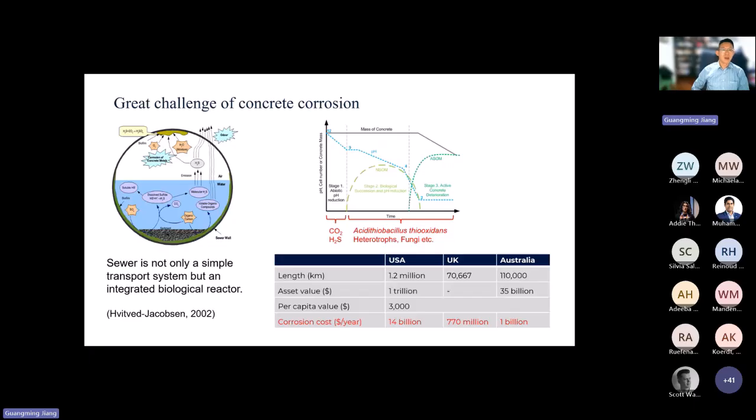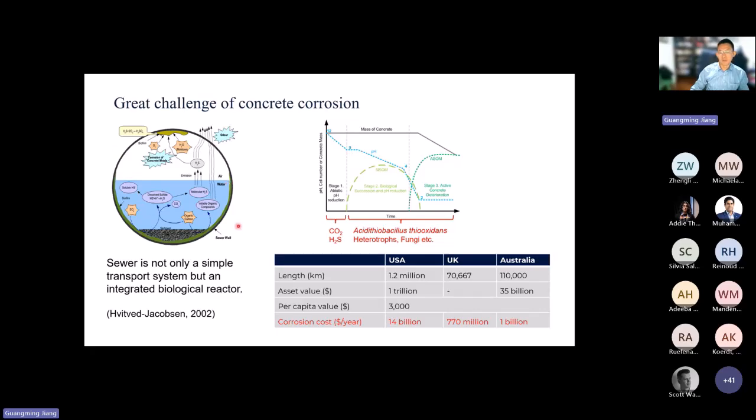So why do we have this kind of problem? This is because in the sewer system, here I'm showing a gravity sewer system, you will have a water phase, a gas phase, and surrounding that, concrete, a solid phase.